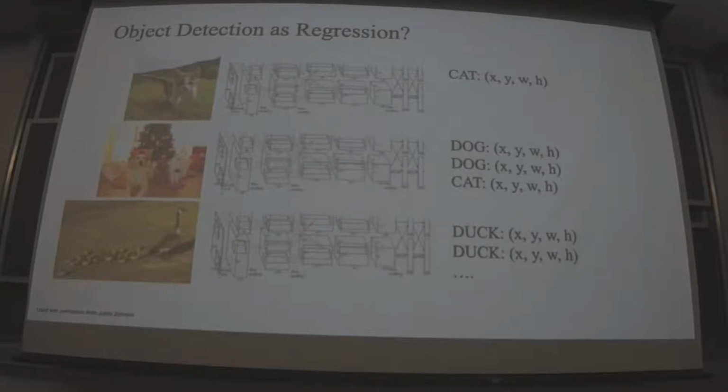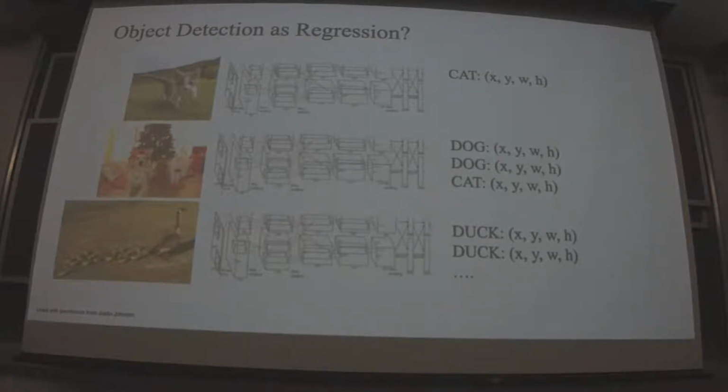The trick here, though, is that if you want to do this for multiple objects in an image, there's going to be a variable number of objects in the image. It's not going to be fixed. Just as illustrated here, there's 1 cat, 3 animals, and a whole bunch of what look like geese to me, though it says duck, but whatever.